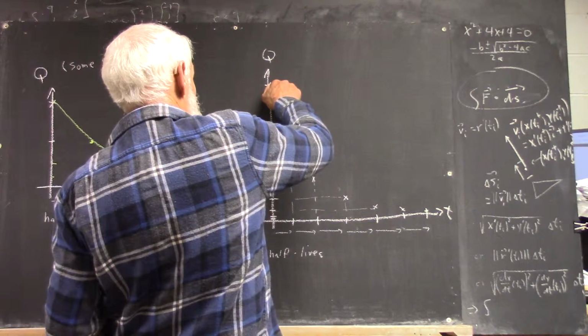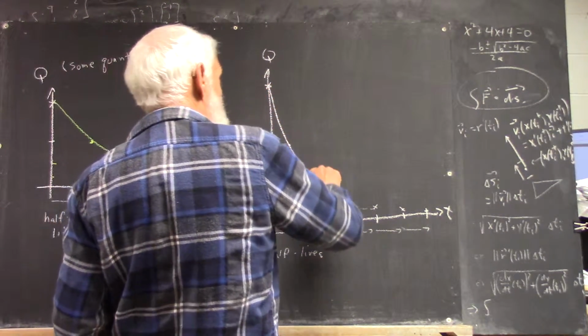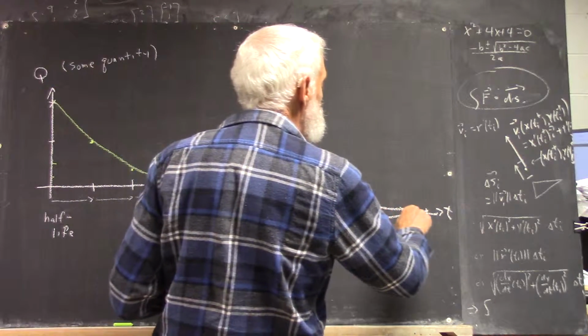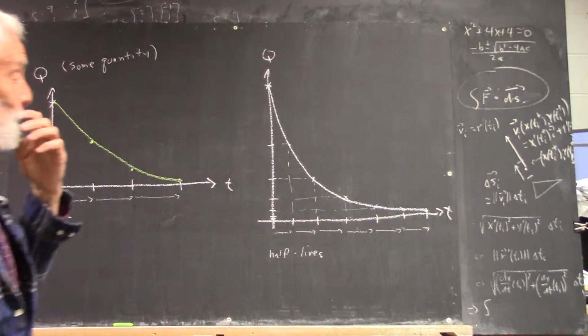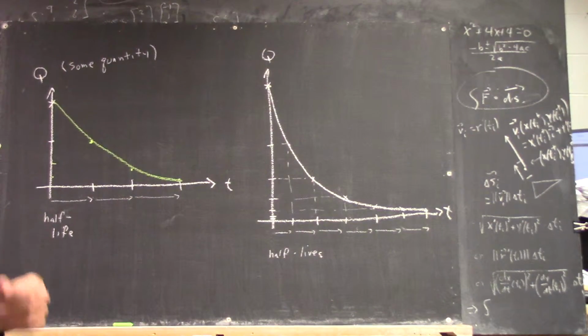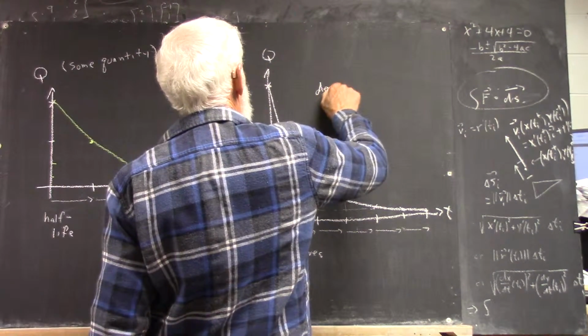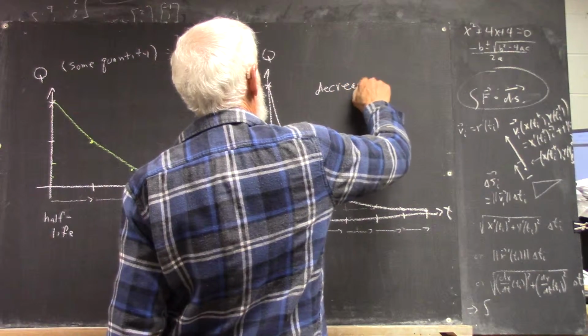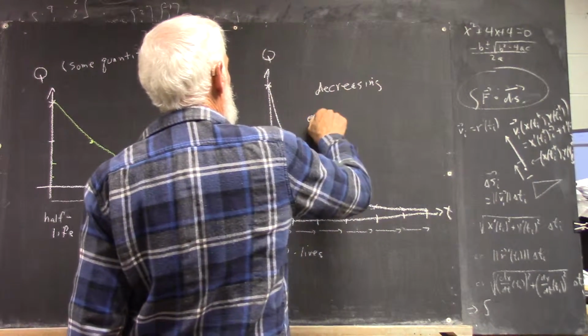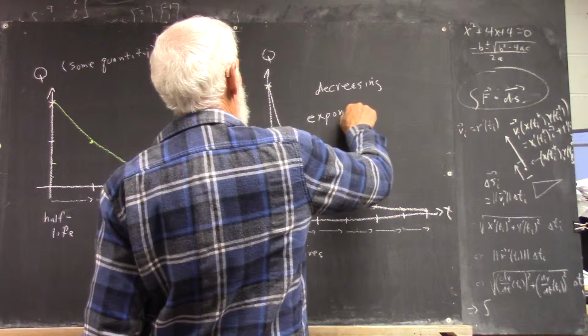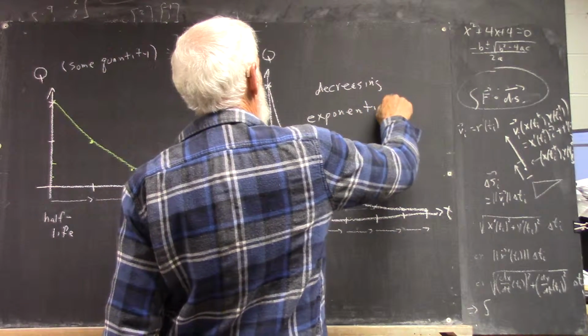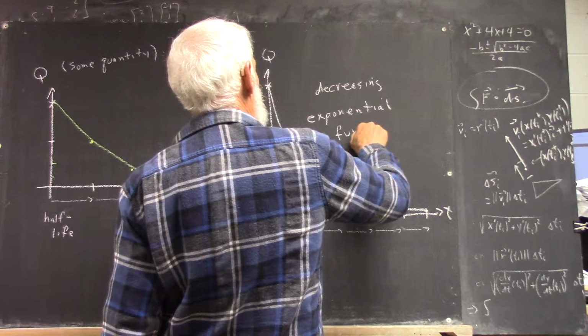So now if we sketch a curve, the curve's going to look like this. And this is a decreasing exponential function.